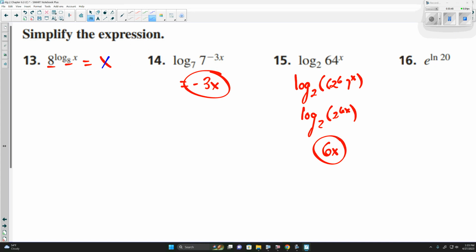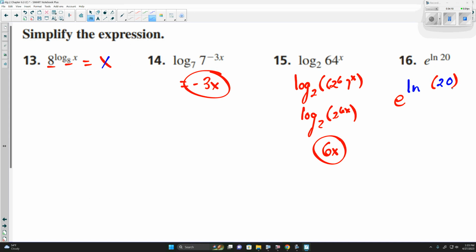Now the question is e to the ln of 20. What would this be? Well, what's the base of ln? Log, if it doesn't have a base, is 10.